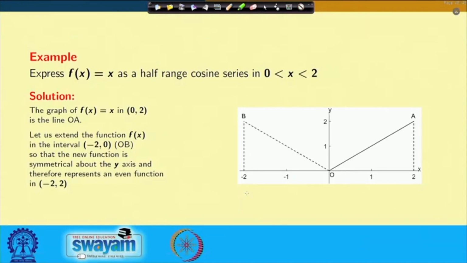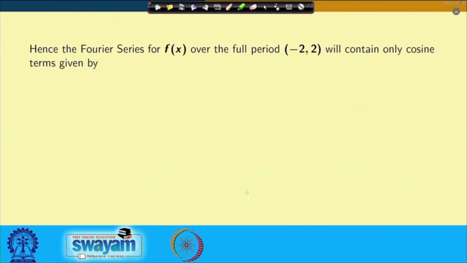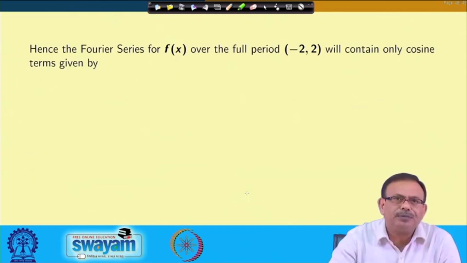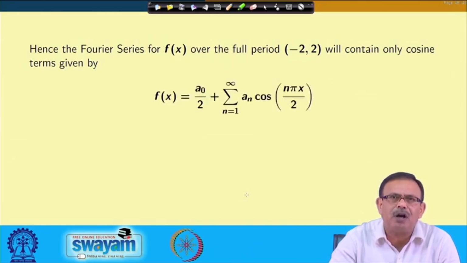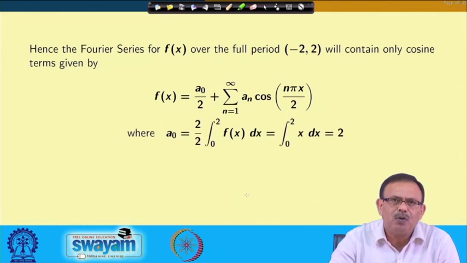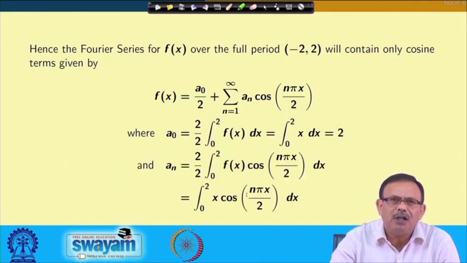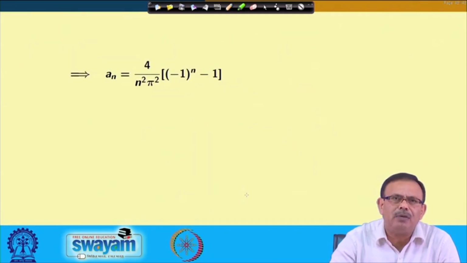From here, if you see, f(x) is a Fourier series, which we are defining in -2 to 2, consisting of cosine terms only. So, f(x) is defined as a0/2 + summation a_n cos(n pi x/2), where a0 is this and a_n is this integral. If I evaluate a_n, I will obtain 4/(n^2 pi^2) times ((-1)^n - 1).